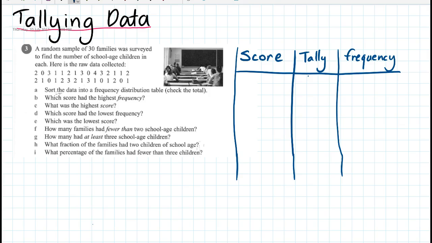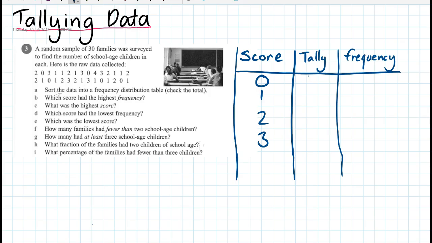So each number represents a family, and the number is how many children. That number is a score. So some had zero children, some had one, some had two, some had three, and I don't think anyone had four.